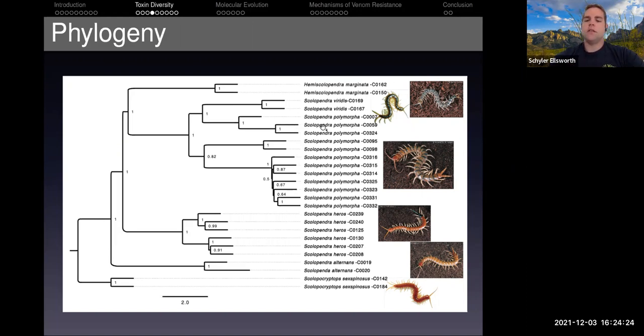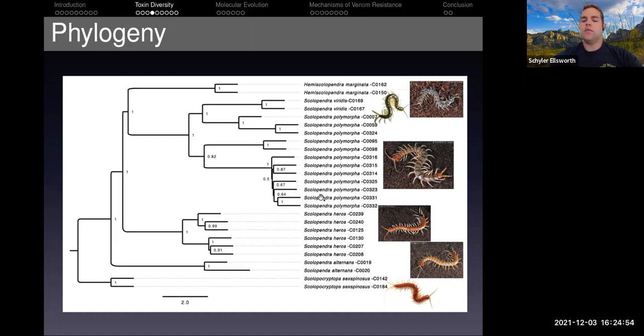The first one I wanted to look at was the species Scolopendra polymorpha. With a name like polymorpha, it's not surprising that we found quite a few different groups. Looking within all of our polymorpha specimens, we have this group of 3 specimens here, this group of 2 specimens that cluster out, and then this group of 7 Scolopendra polymorpha that cluster out down here.